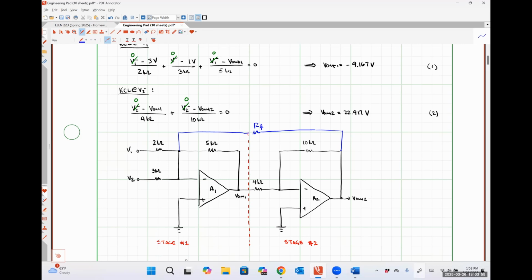In your much later classes, you will learn of a technique called the Miller method that would allow you to split that feedback resistance up and apply some of it on the input side of amplifier 1 and some of it on the output side of amplifier 2. But in order to understand how that works, you need to know way more network theory than you currently know, which is effectively zero.